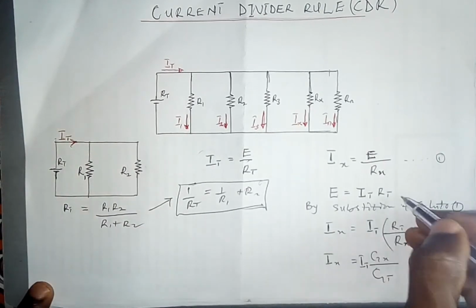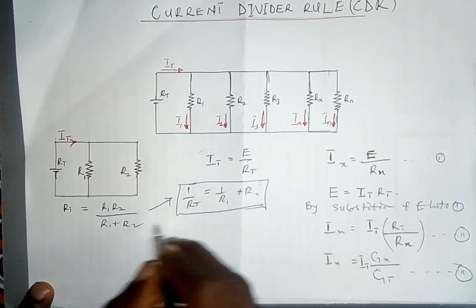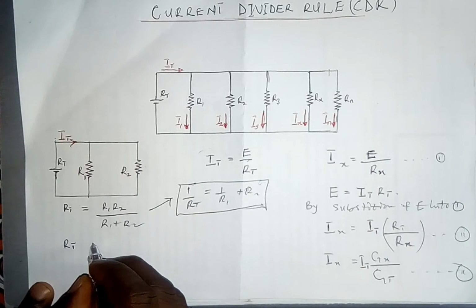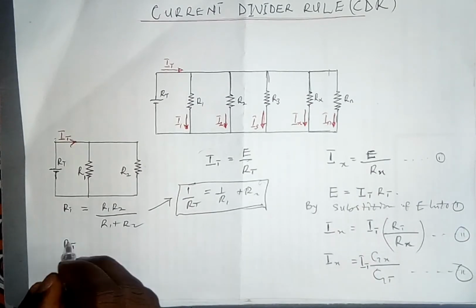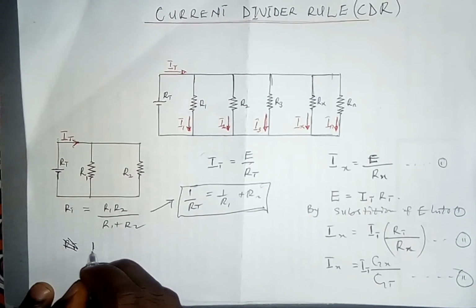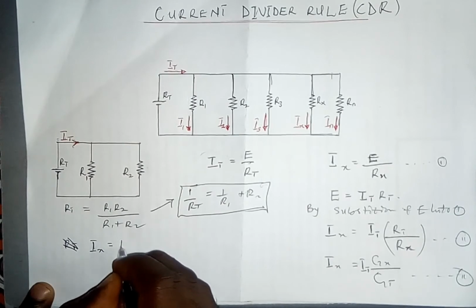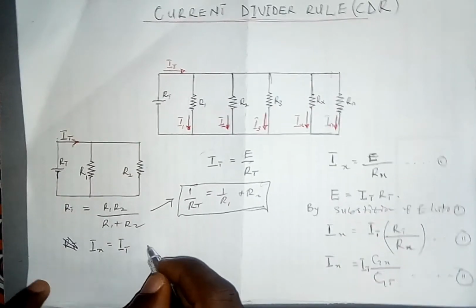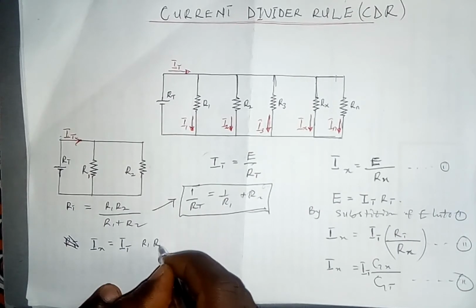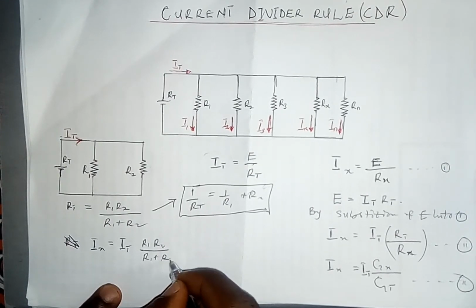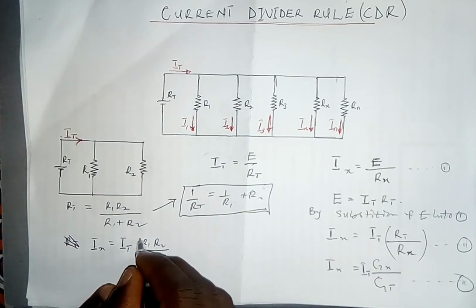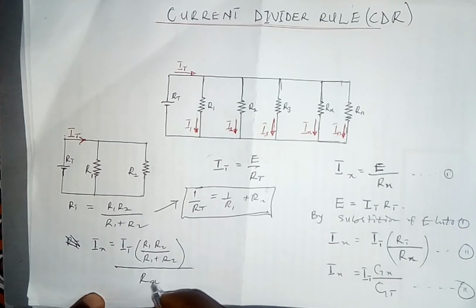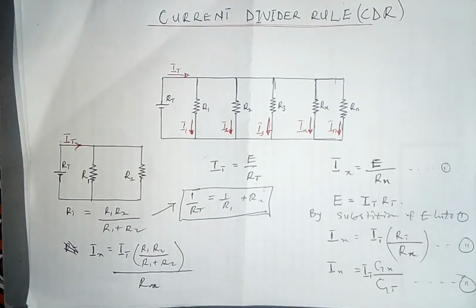If we use this to replace RT in our new circuit with two parallel resistors, we have Ix equals IT, which is the first one we have here, and RT is going to be R1 R2 over R1 plus R2, all over our Rx, which is the value of the unknown resistor we are looking for.